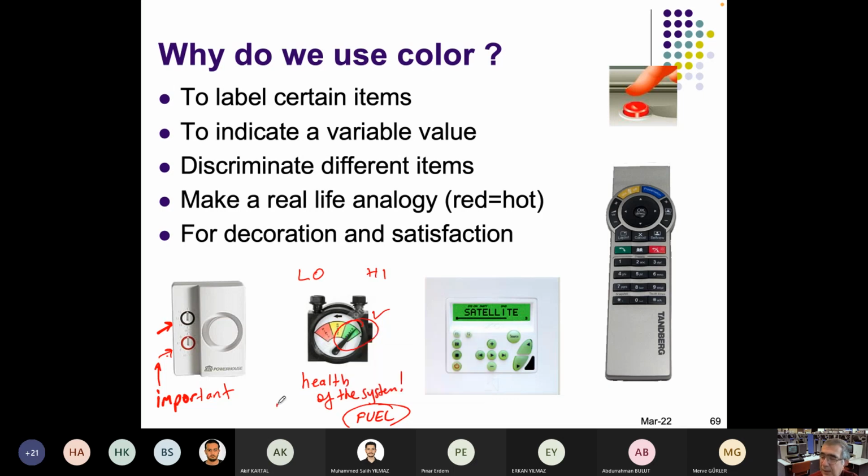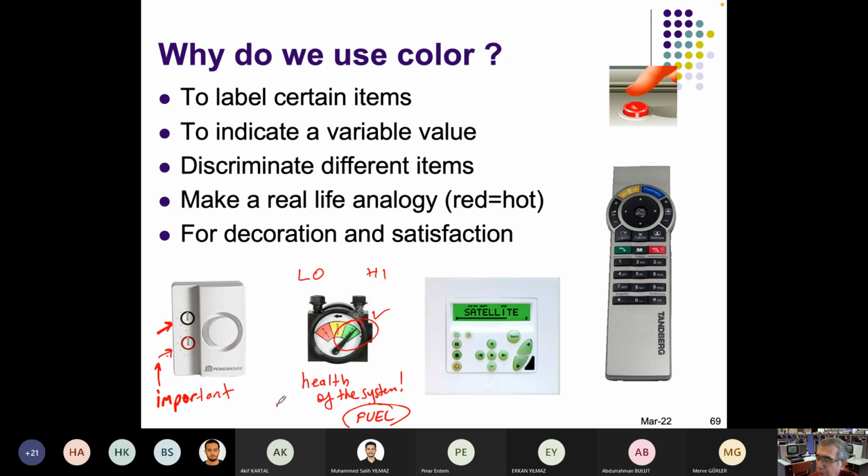But when you are focusing on something that needs to be low in the normal case, then you do the opposite.